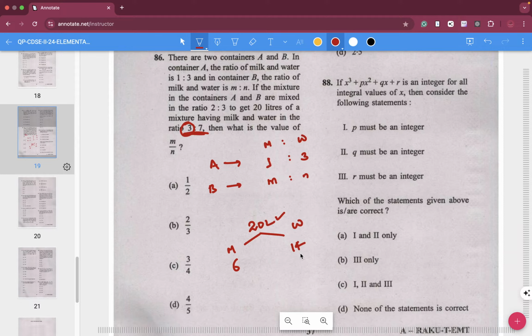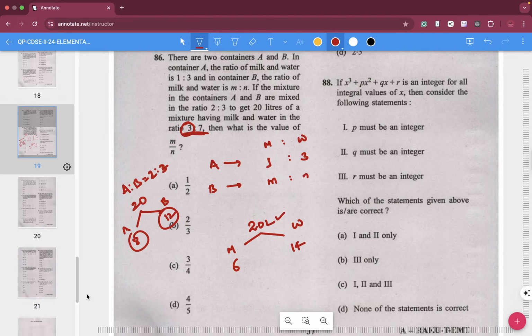Now when we say A and B are mixed in the ratio of 2:3, which means out of 20 parts, the mixture A was how much? 8 only, and the mixture B was how much? 12 only. 8 and 12.